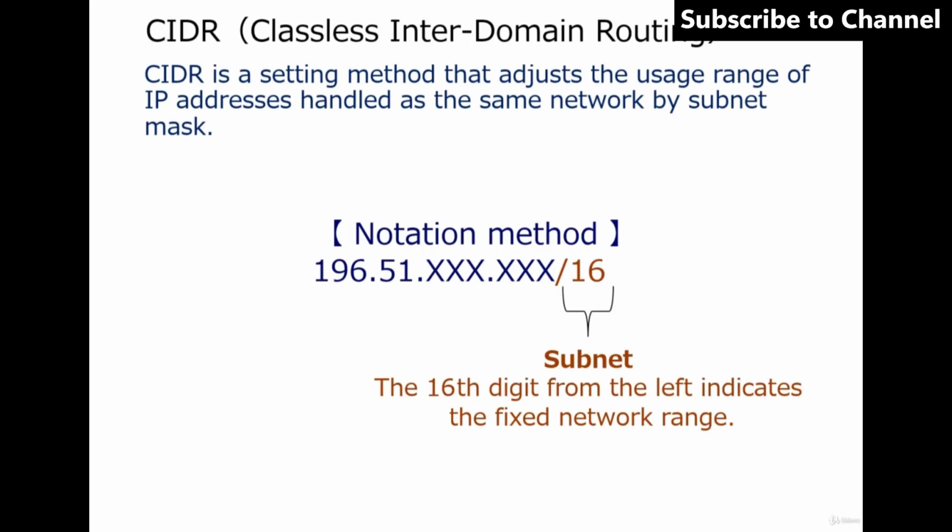The range of IP addresses specified and masked in the subnet mask is called CIDR, which stands for Classless Inter-Domain Routing. The method of setting up the subnet mask and adjusting the number of available IP addresses in the network range is called CIDR. What this means is specifying CIDR by subnet mask declares how many IP addresses are available in the subnet network.